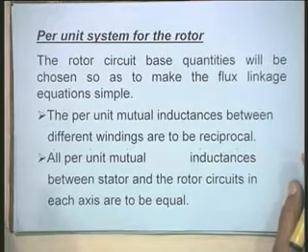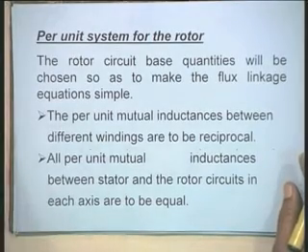That is, when I say each axis, we have two axes, D axis and Q axis. On the D axis we have the stator direct axis winding, field winding and amortisseurs on the D axis. Therefore, there exist mutual inductances between these windings. We would like to make them equal.